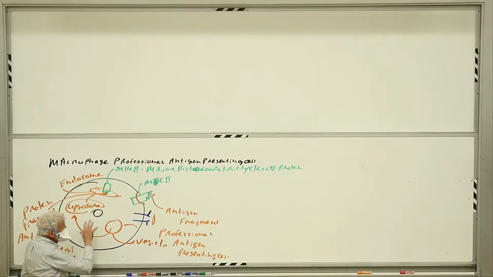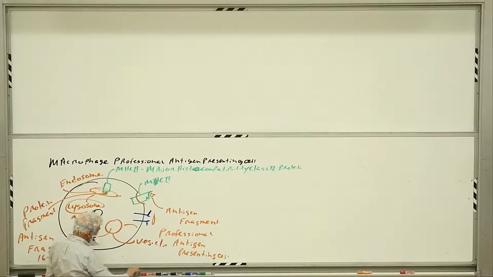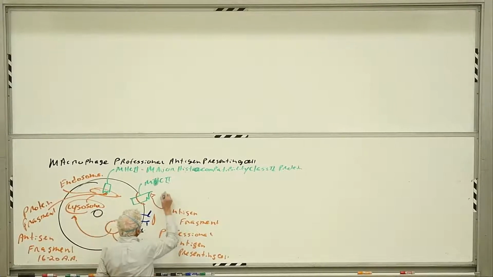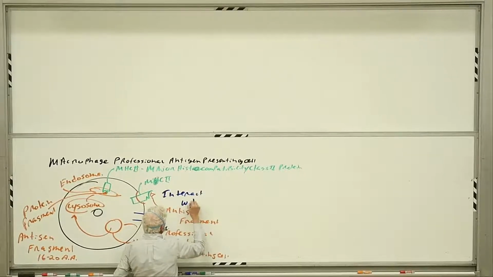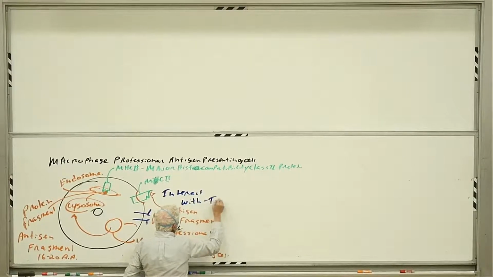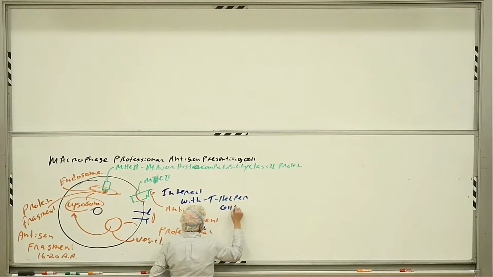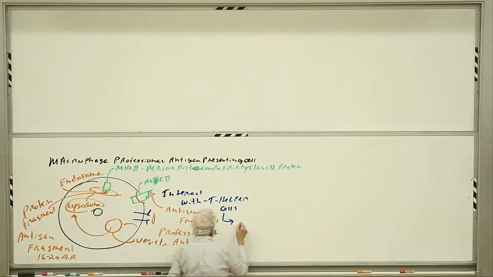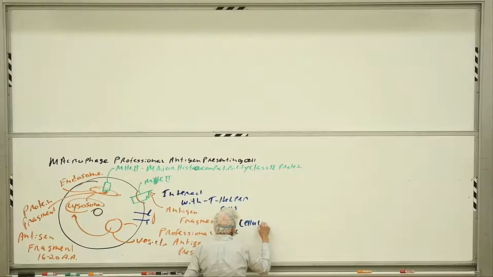And what we want to do today is talk about how these professional antigen presenting cells will interact with T helper cells. And of course, the T helper cells are part of the branch of the immunity called cellular immunity.